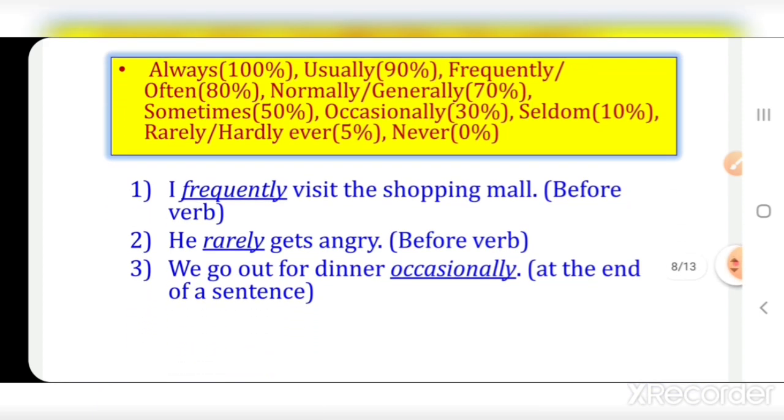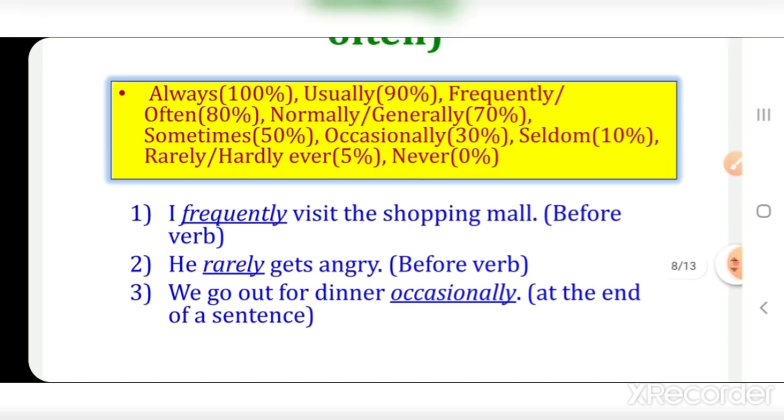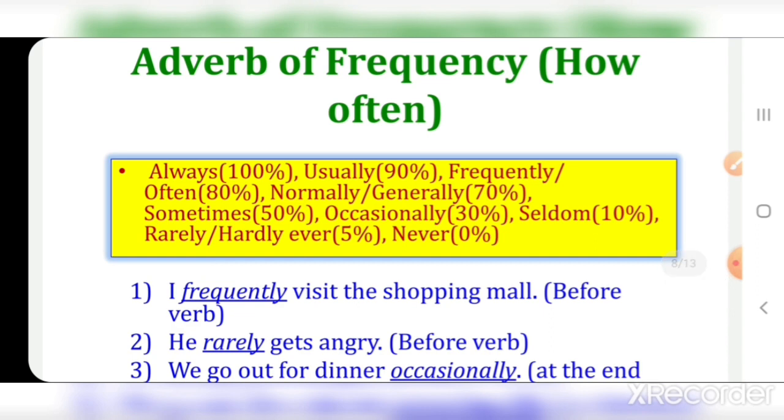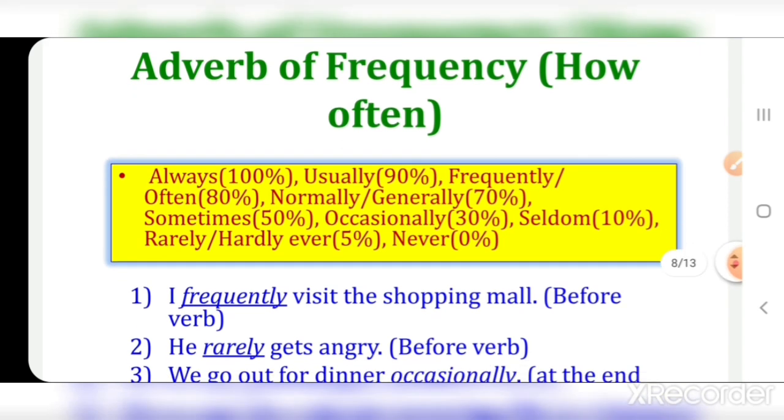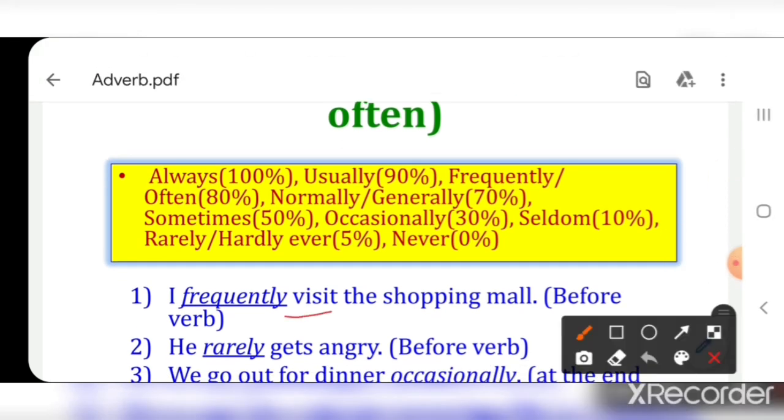Now first one is: I frequently visit the shopping mall. So here, the adverb of frequency is generally used between the subject and the main verb, or between an auxiliary verb and a main verb.